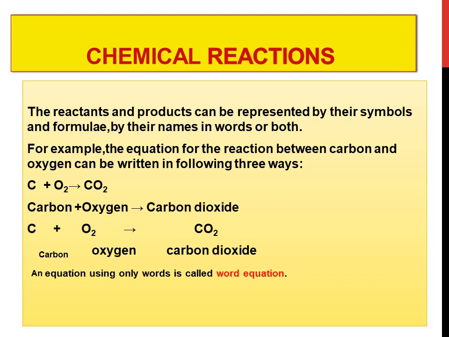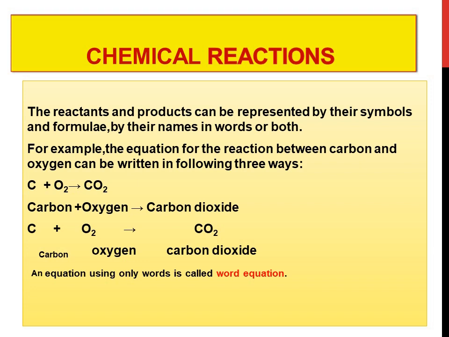For example, here the equation for the reaction between carbon and oxygen is written in the following three ways. First way is the representation only by the symbols or formulae. We know that C stands for carbon, O2 is oxygen. On the right hand side, it gives the product carbon dioxide. So that is the first.